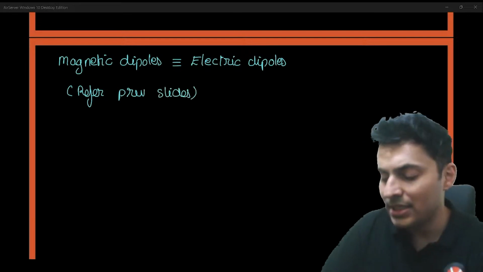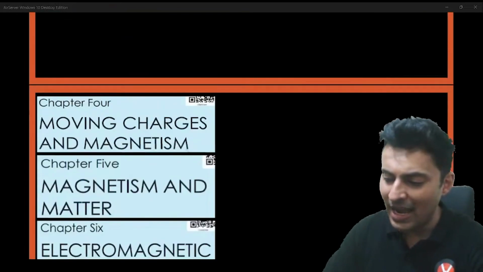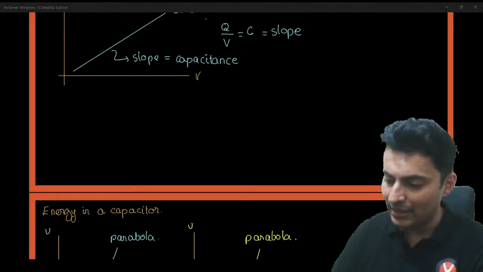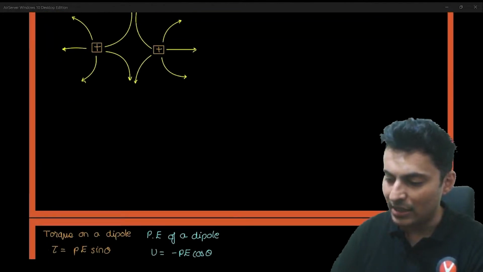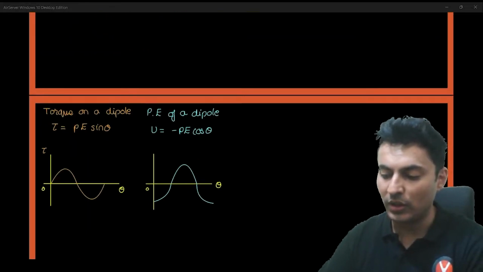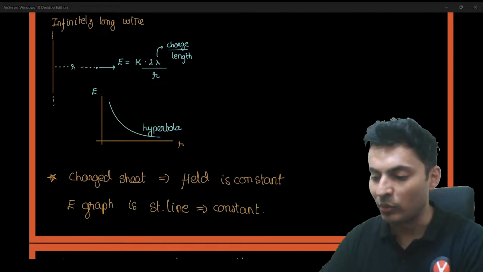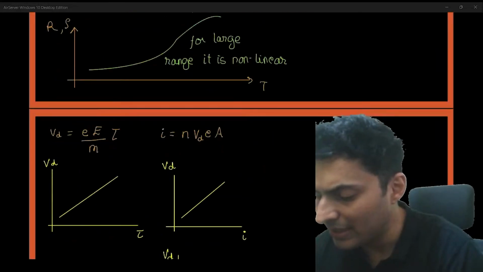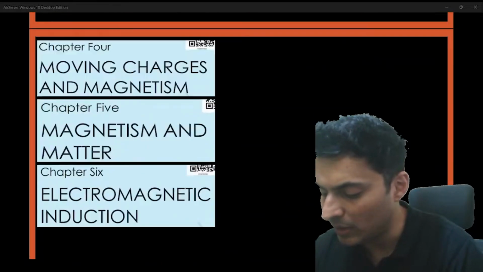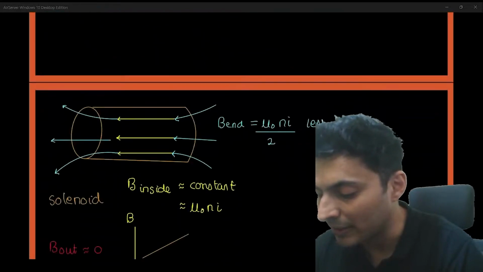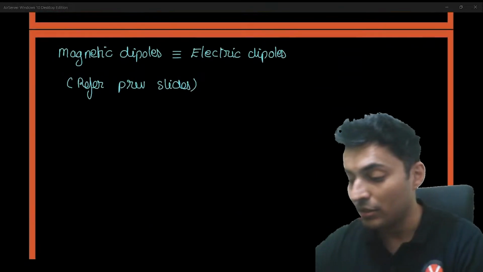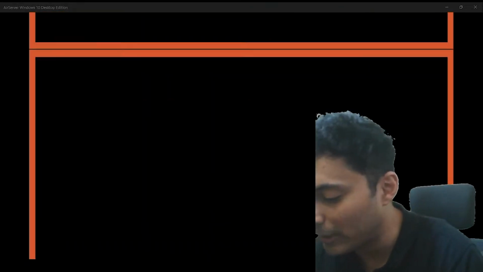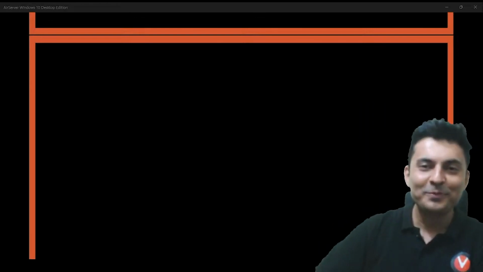Don't worry, you're going to get the entire PDF. I've just done these dipoles as well, electrical dipoles: torque on a dipole, potential energy of a dipole. All these things we have done there. So magnetic dipole behavior is very, very similar to that. So let's not waste our time over there. I mentioned it just so that you know we have done this, and you should not feel like, oh my God, did we skip this?